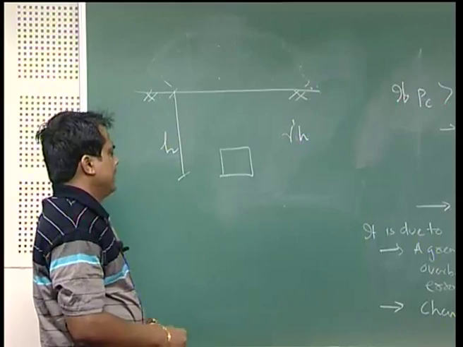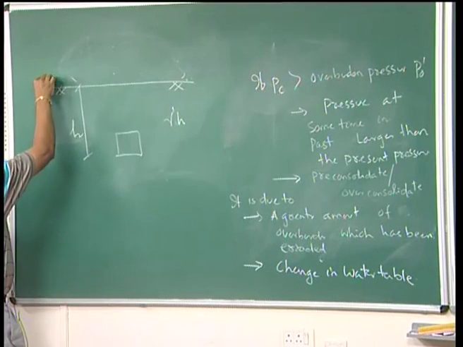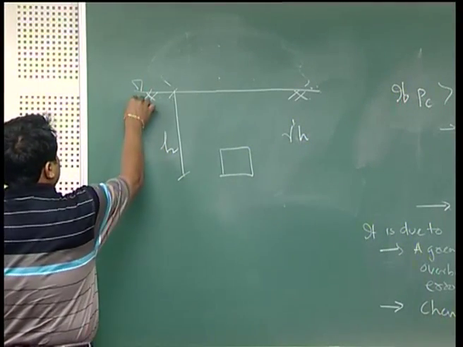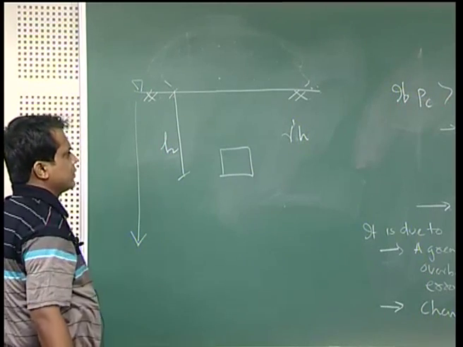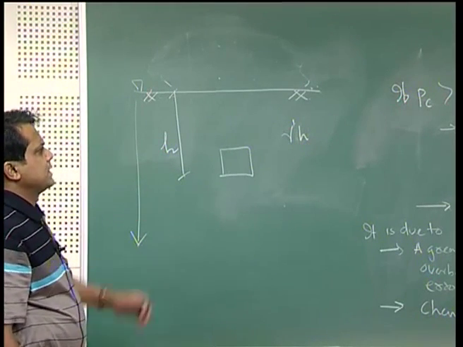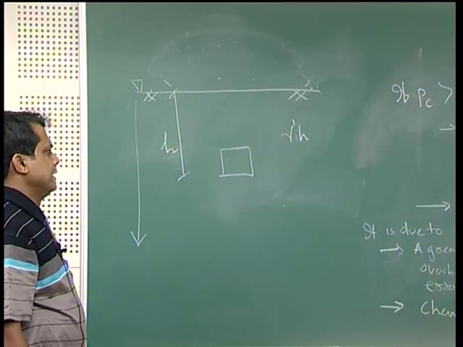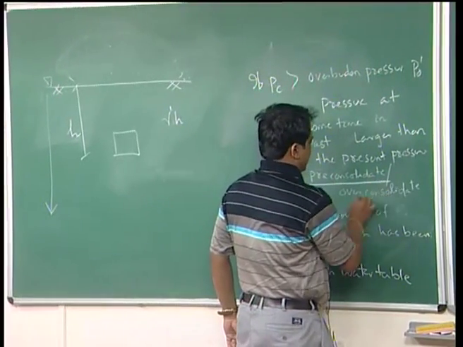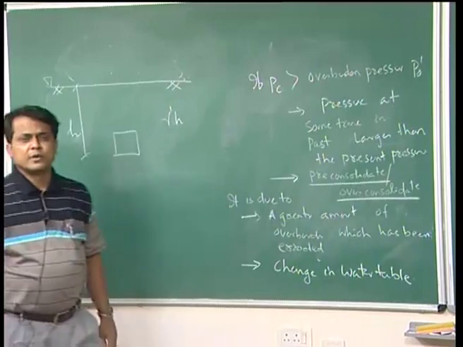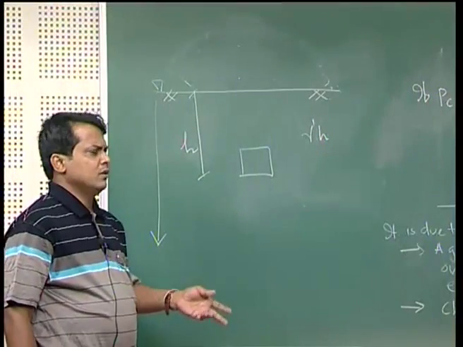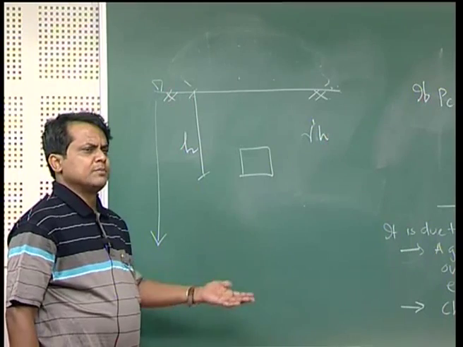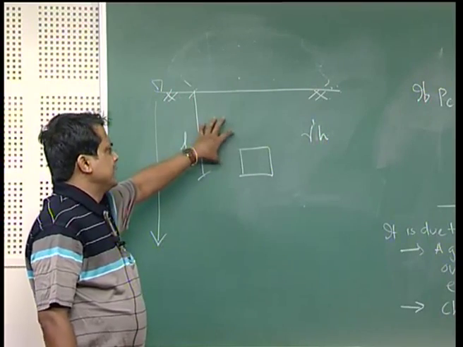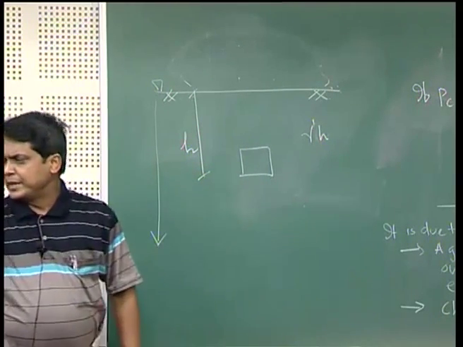Then the second part is, suppose the water table is always there at the ground surface, and due to a rise in temperature the water table goes down. So, change in water table also causes pre-consolidation pressure to be greater than your overburden pressure. In that case we say it is either a pre-consolidated or over consolidated soil. Pre-consolidated or over consolidated means it has been consolidated earlier. That means the pressure earlier was much more than the present pressure, that is your gamma prime into H.